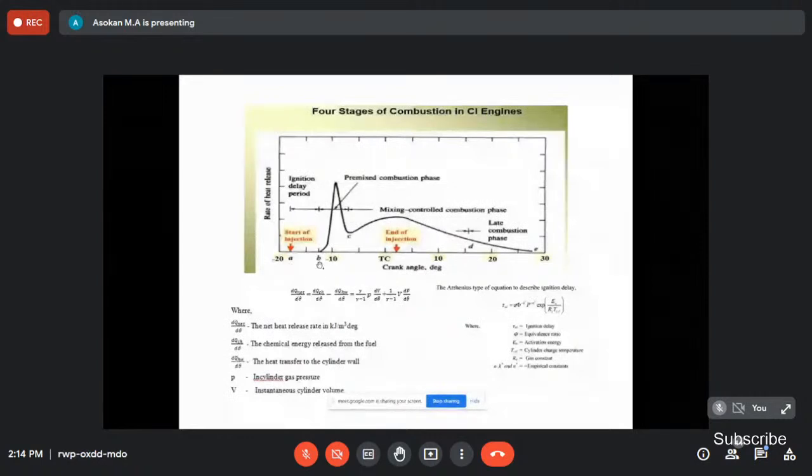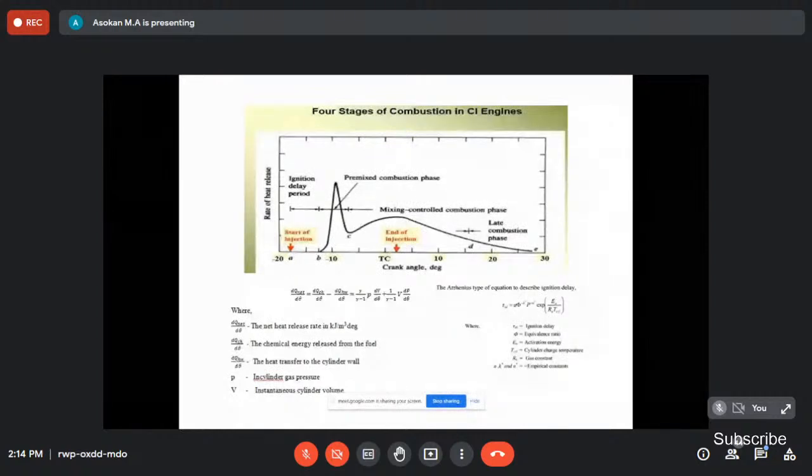Once the fuel starts combustion at point B, the heat release rate suddenly increases, because of the sudden release of heat, sudden combustion. After that, up to this point, again it's the controlled combustion, where only the quantity of fuel injected is available.